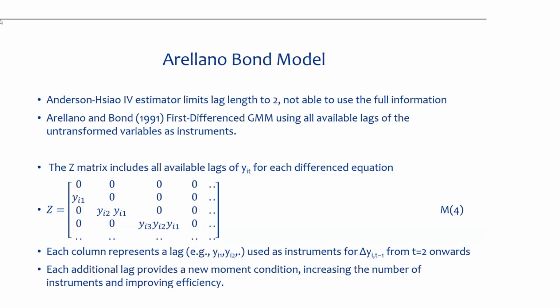So you will end up with a lot of instruments, but the number of coefficients you are more concerned about is small. What do you want in the model? You want the coefficients beta 1 and beta 2 to be unbiased and consistent. But when you add all these lags, you end up creating more instruments, and you have a problem where the number of instruments is more than the number of parameters that you are looking at.